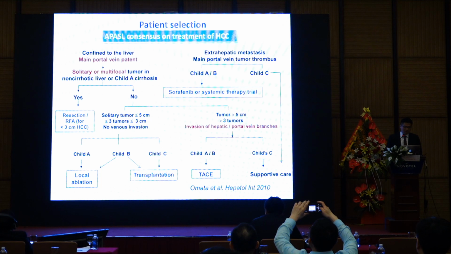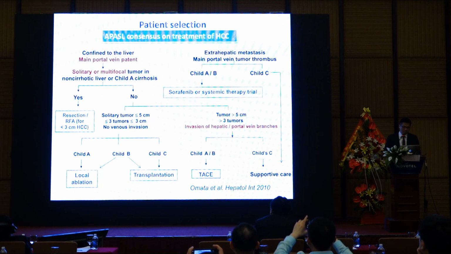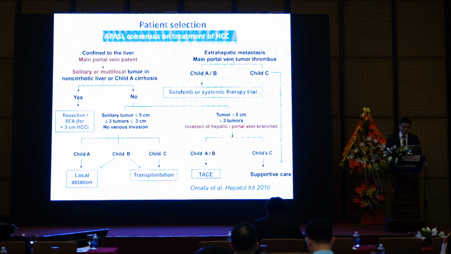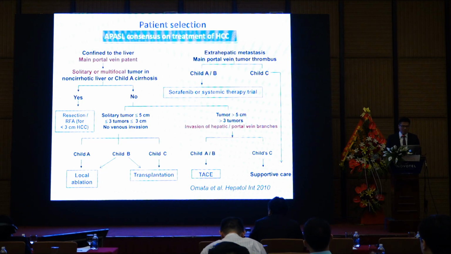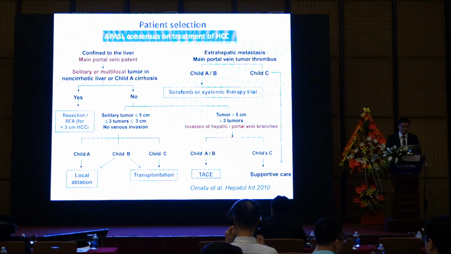In Lencioni's paper, he didn't mention the patient selection criteria, but we think that is very important, because if you can choose a good candidate, you can get a good outcome.